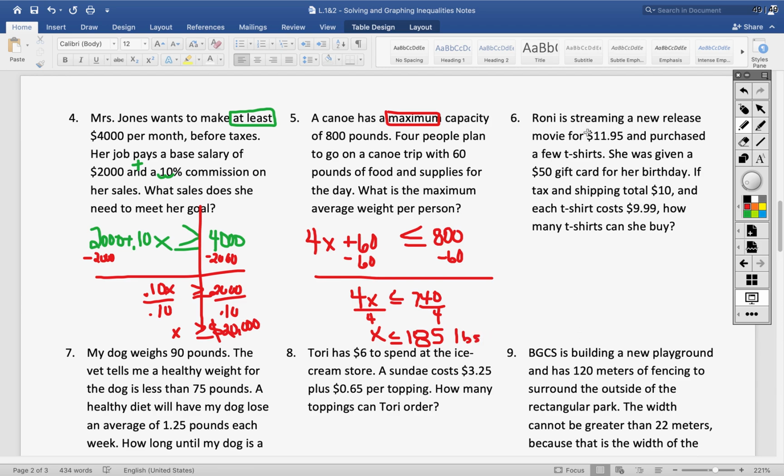Roni is streaming a new release movie for $11.95 and purchased a few t-shirts. She was given a $50 gift card for her birthday. If tax and shipping total $10 and each shirt costs $9.99, how many shirts can she buy? Okay, well, first of all, it's $11.95 for the video.